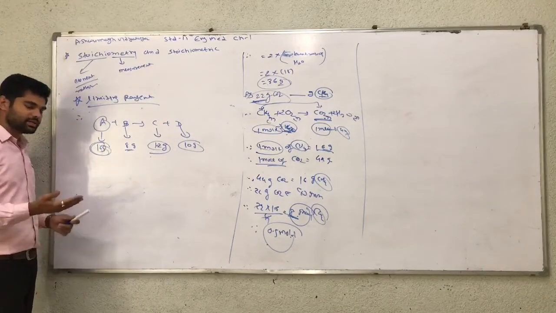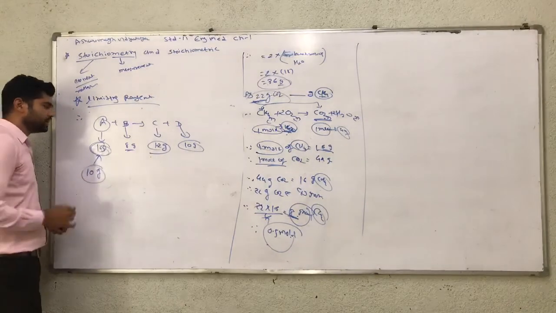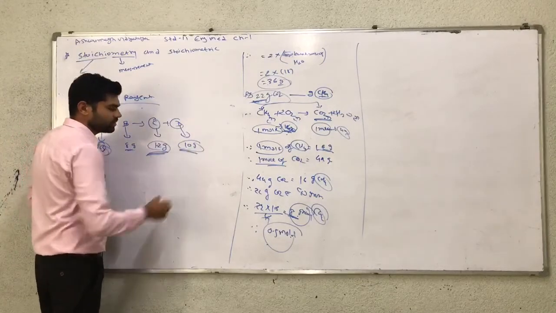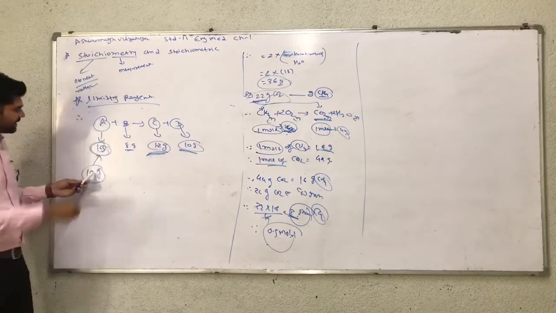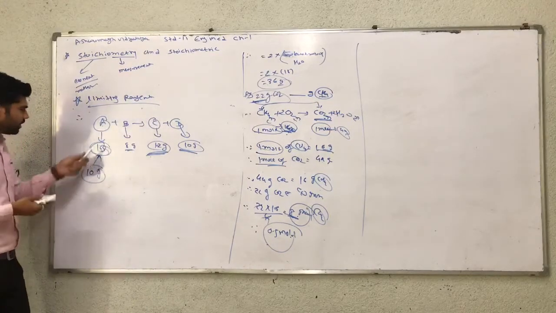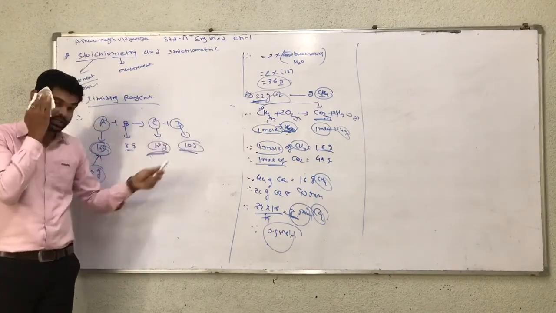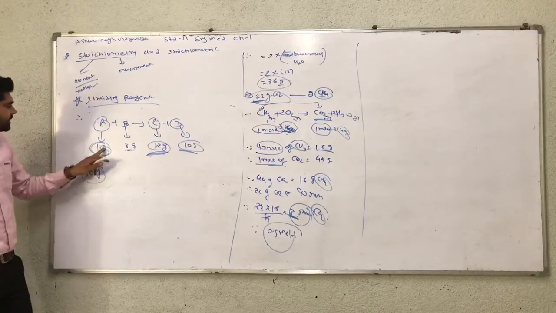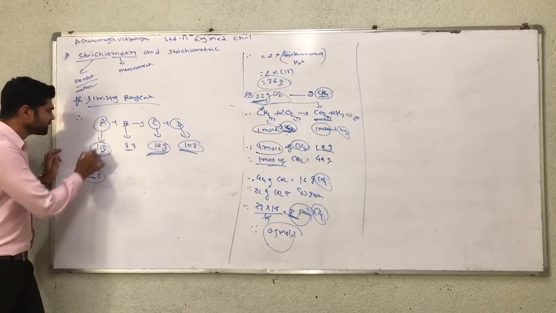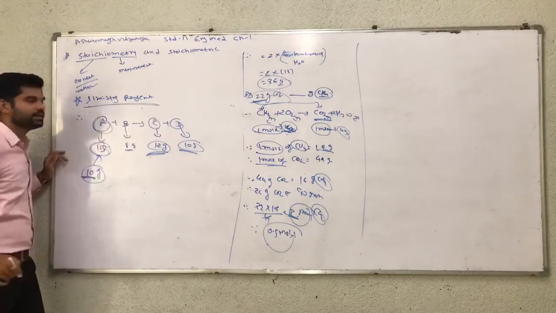But in a chemical reaction, sometimes exactly 16 is not taken. Suppose only 10 grams of substance A is taken to produce C and D, then not completely 12 and not completely 10 are produced. So here A is the limiting reagent in this reaction, because the requirement of A is 16 grams, but only 10 grams is given, so 6 grams is less. Therefore substance A is known as the limiting reagent.